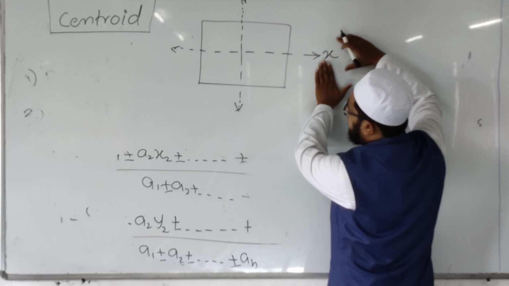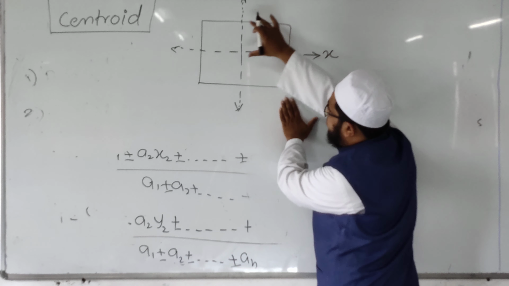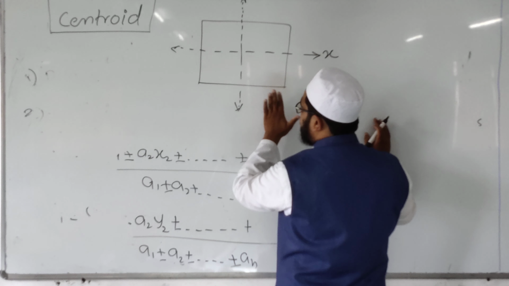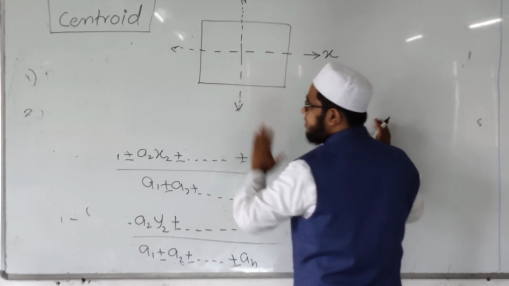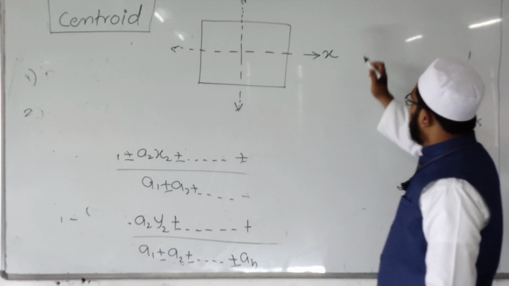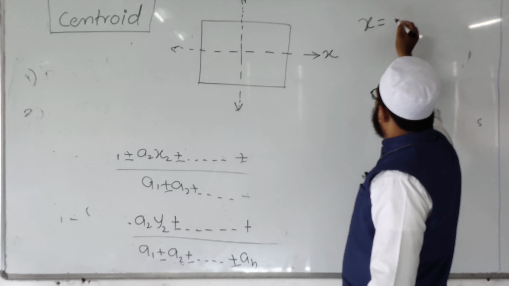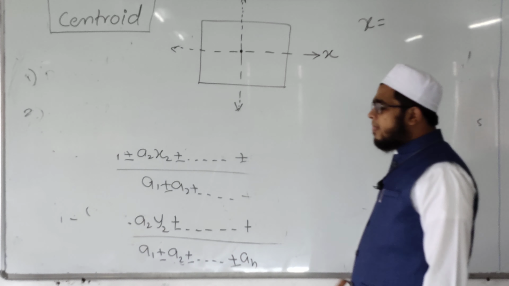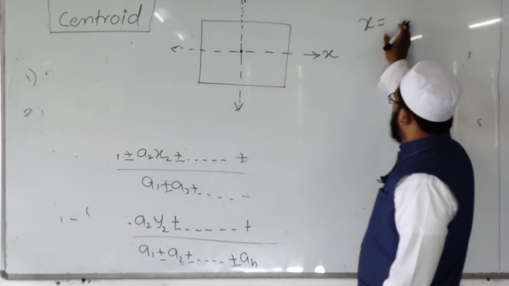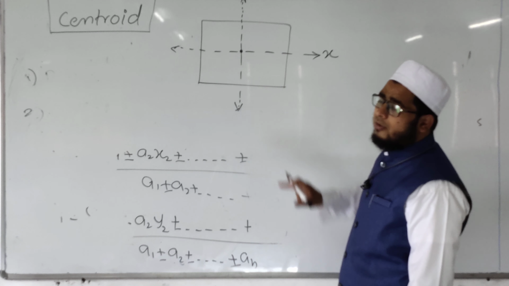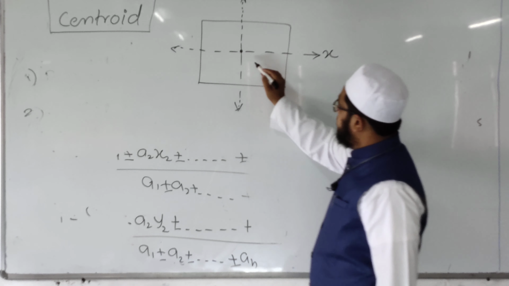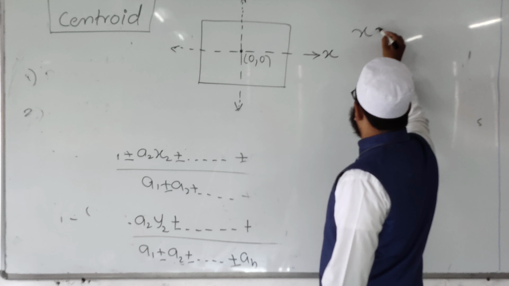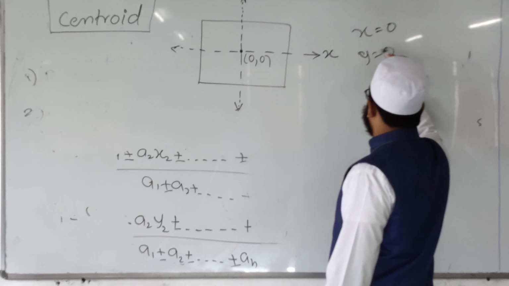The x axis divides the figure into upper half and lower half, and the y axis divides the figure into left and right. In this case the centroid will lie at the center of the axes, which means the coordinate at this point is 0, 0. Therefore the coordinates of the centroid are x equal to 0 and y equal to 0.